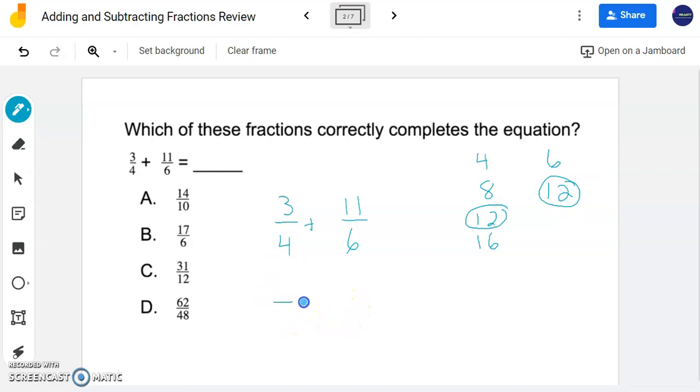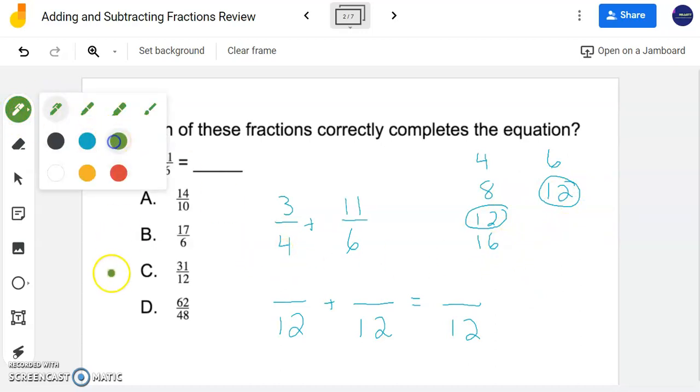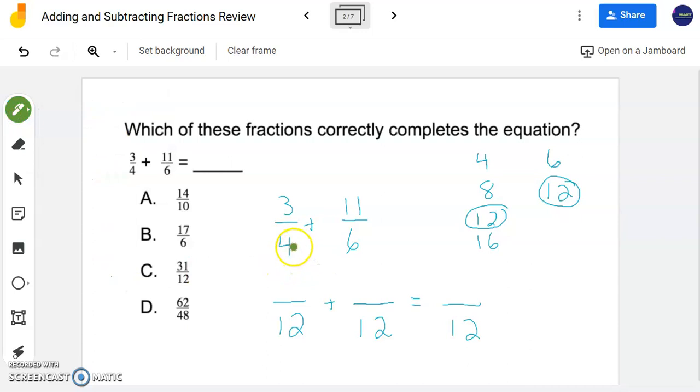Now here, I notice I want my denominators to be 12. Notice here, I rewrote that, showing me that each fraction is going to have a denominator of 12, which I determined by listing out my multiples. Now I'll do this in green: 4 times what number gets me to 12? Think to yourself, what did I do to 4 to change it to the number 12?